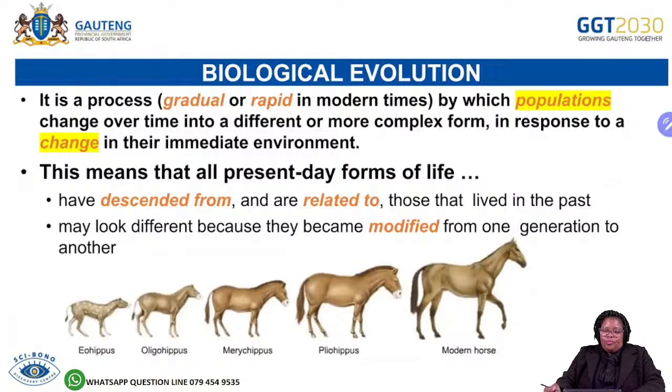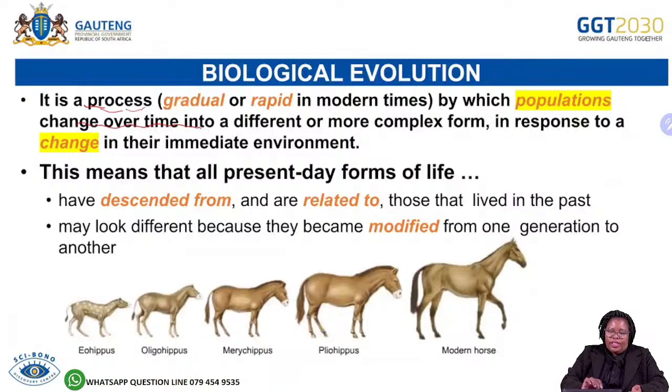Now, biological evolution, let's look at that definition of evolution. They can ask for that for 2 marks. So evolution, don't forget, is a process by which we can see populations change over time. So evolution is change over time.